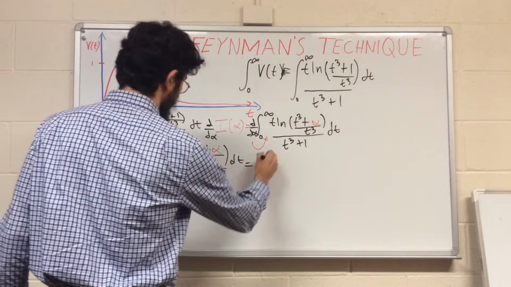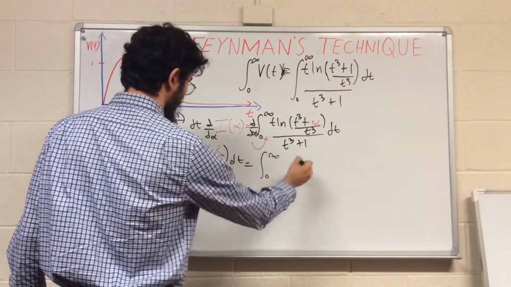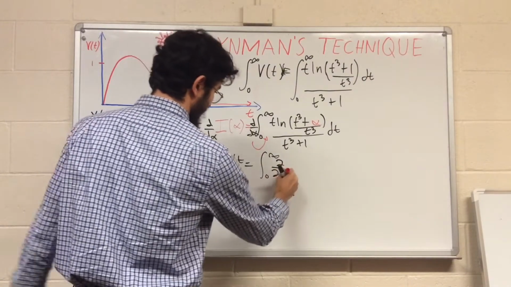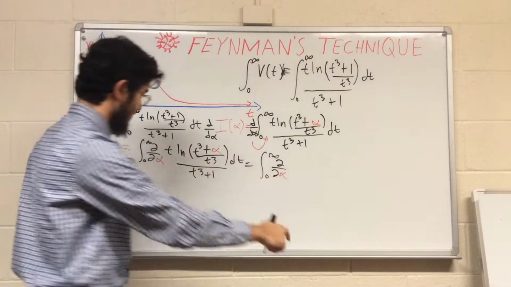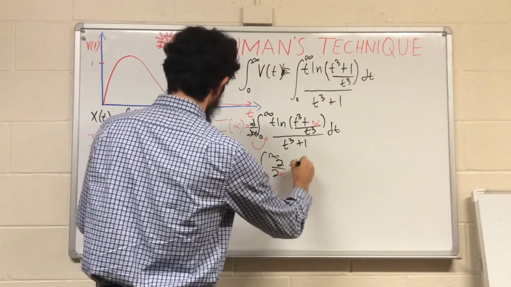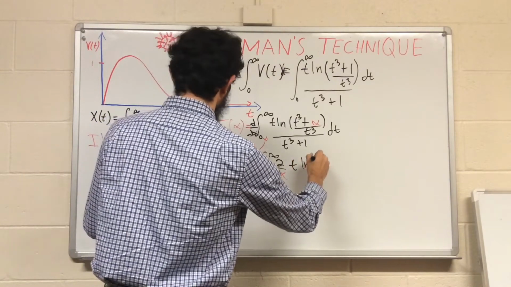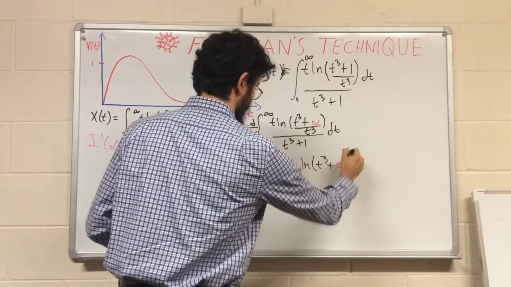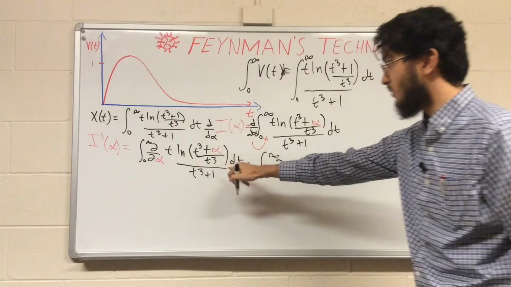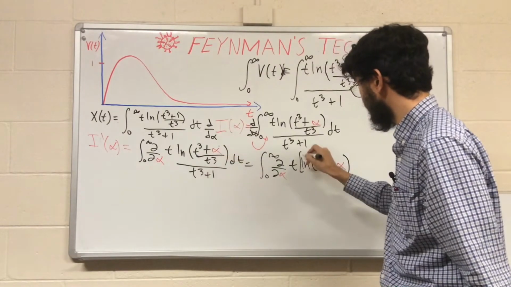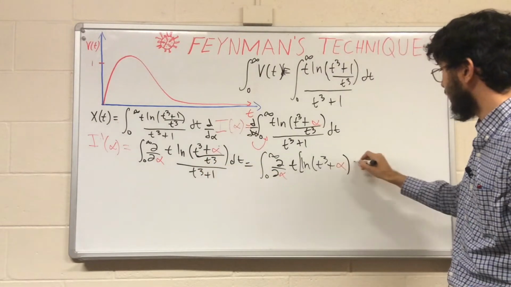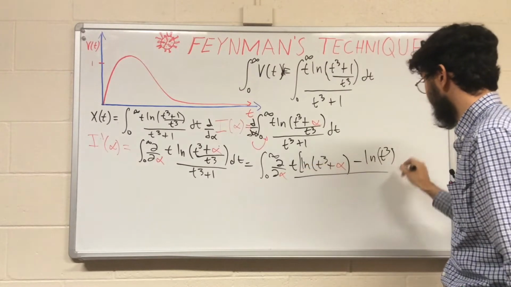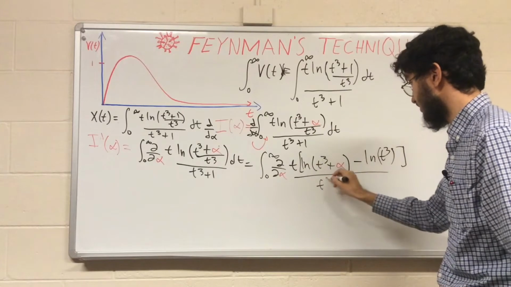So we get nothing but the integral from 0 to infinity of the partial derivative with respect to alpha of t times natural log of t cubed plus alpha, and then all of that is subtracted by natural log of t cubed, in brackets, and all of this is divided by t cubed plus 1.